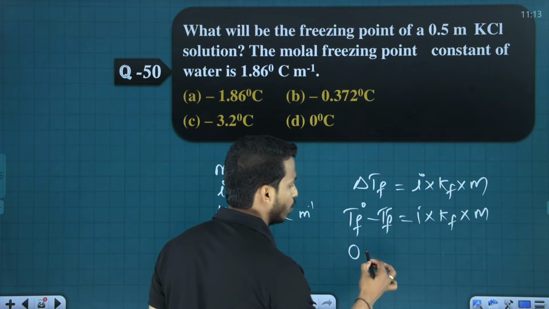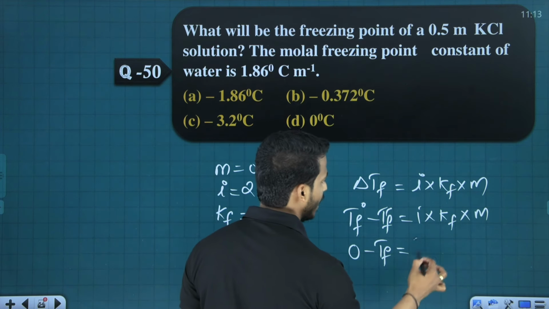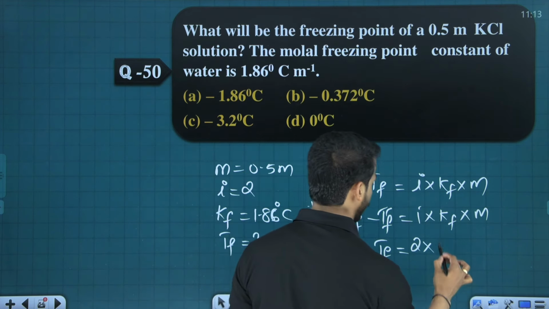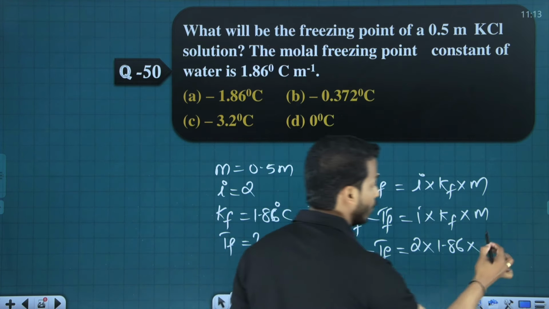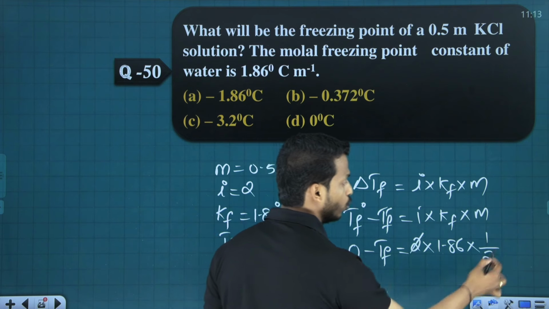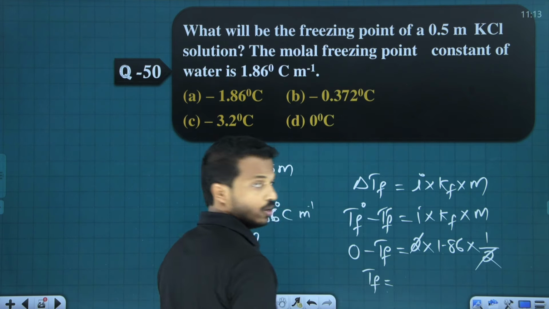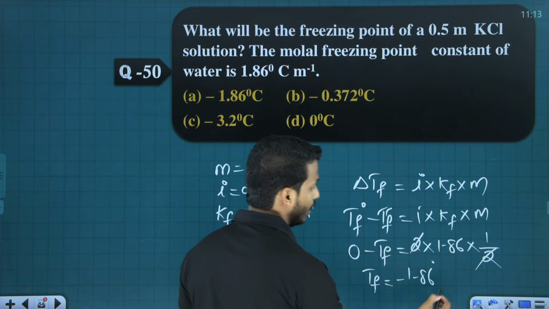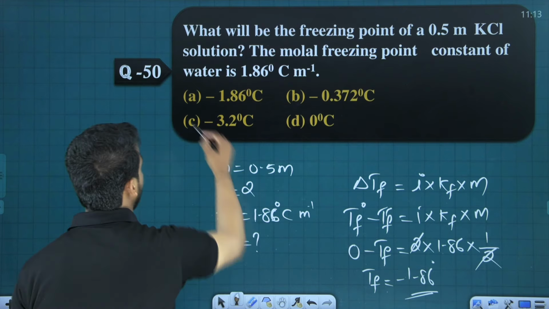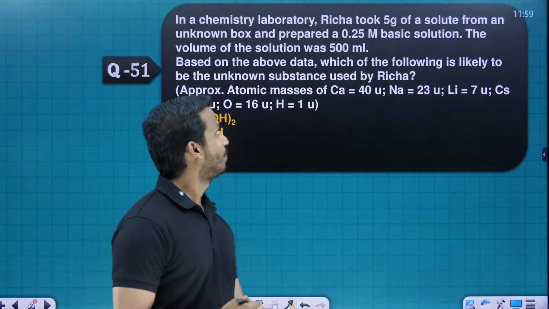The solvent freezing point is 0 degrees. 0 minus Tf is equal to, what is i? 2 into, what is Kf? 1.86 into, what is molality? 0.5, right? 0.5, can we write it as 1 by 2? So the 2s cancel, 1.86. So what will be Tf, my dear? Tf will be minus 1.86 degrees Celsius, right? Minus 1.86 degrees Celsius.